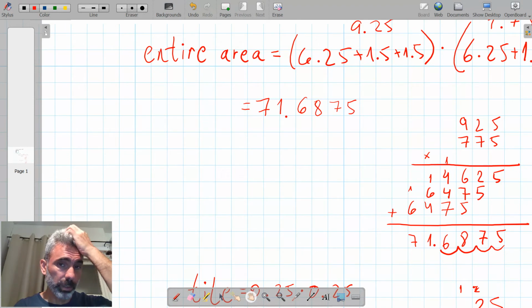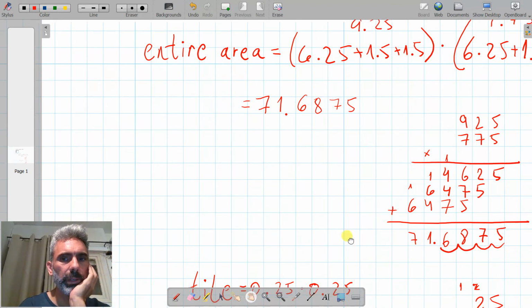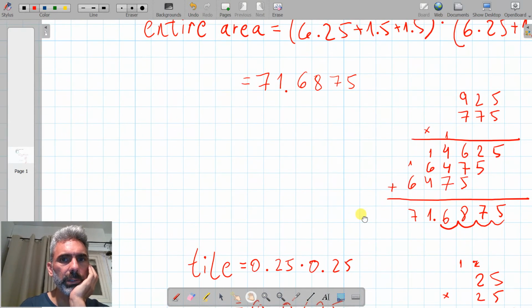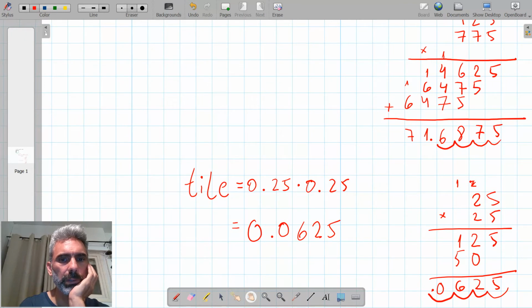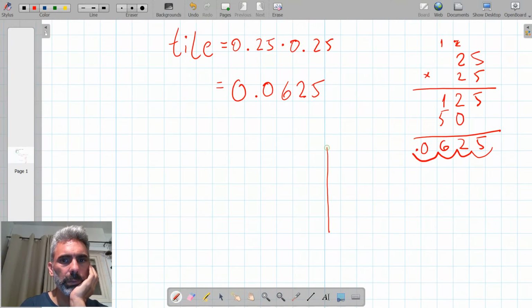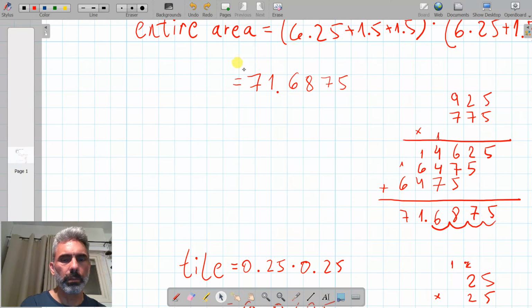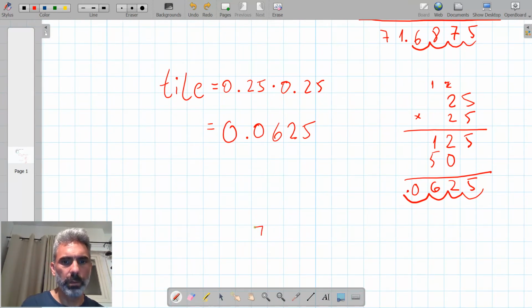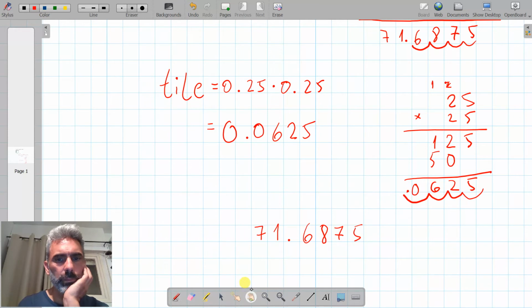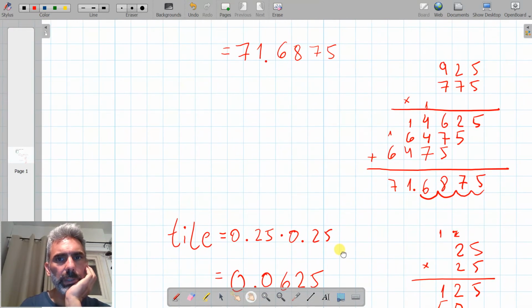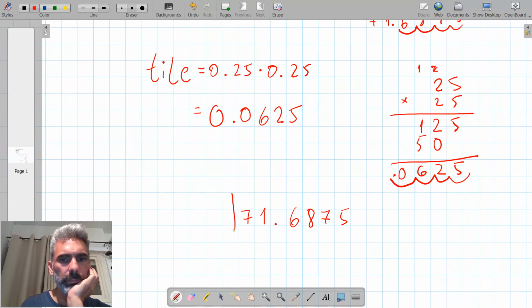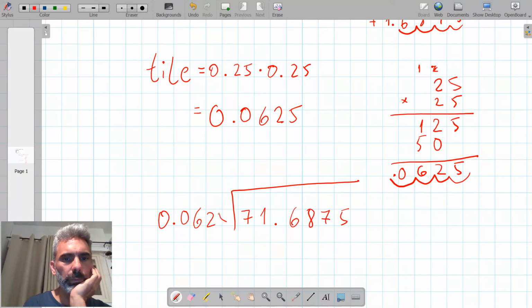And I need to cover 71.6875 square meters. So the number of tiles I need is this sum here divided by the area of one tile. So 71.6875 divided by 0.0625.